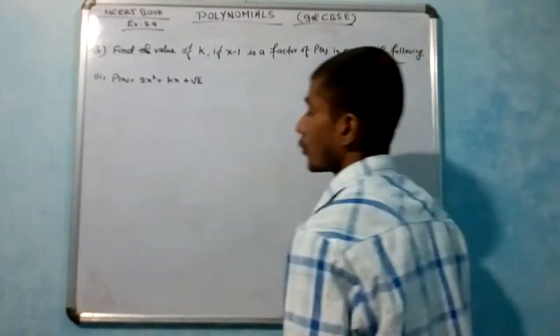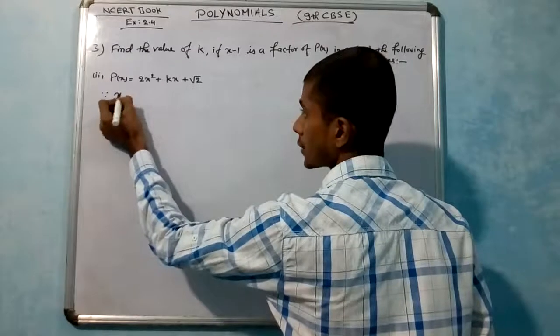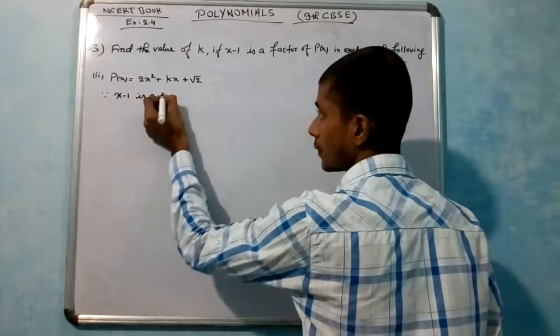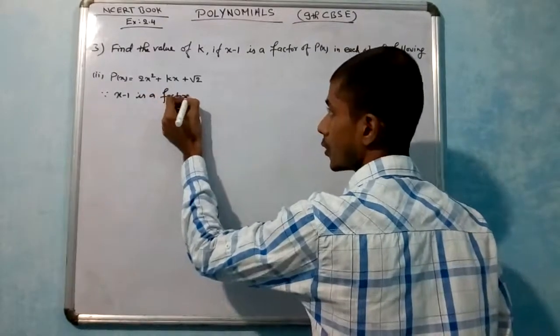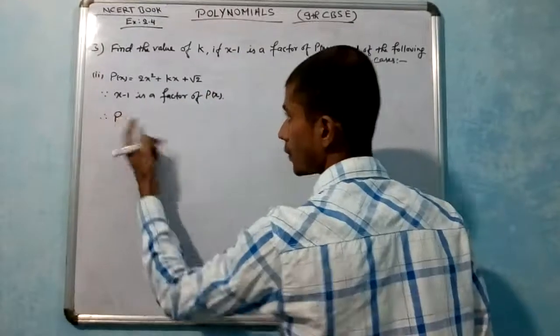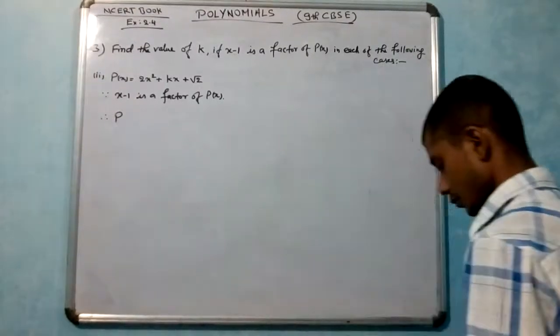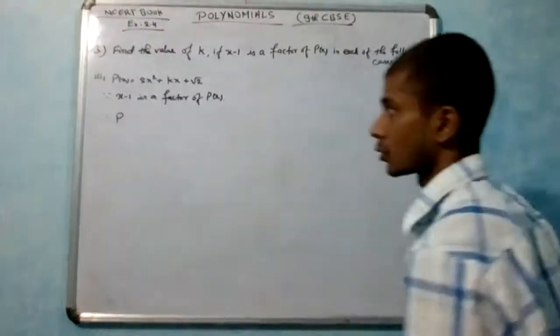Since x minus 1 is a factor of p(x), therefore p of what will be the zero for this x minus 1? I am asking what will be the zero?